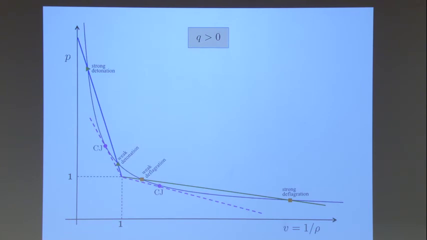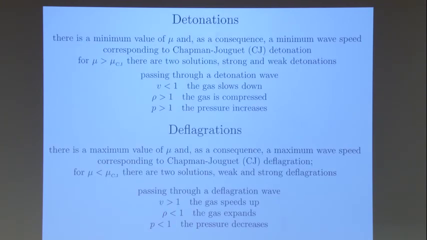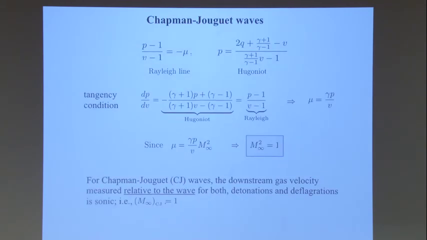There is only one case where it's obvious that we can determine the wave speed, and this is the Chapman-Jouguet case. The reason is that, in addition to satisfying the equations, the Hugoniot and the Rayleigh line, you also have a tangency relation. That's an additional piece of information, and that tangency relation gives you additional information from which you can determine the wave speed.